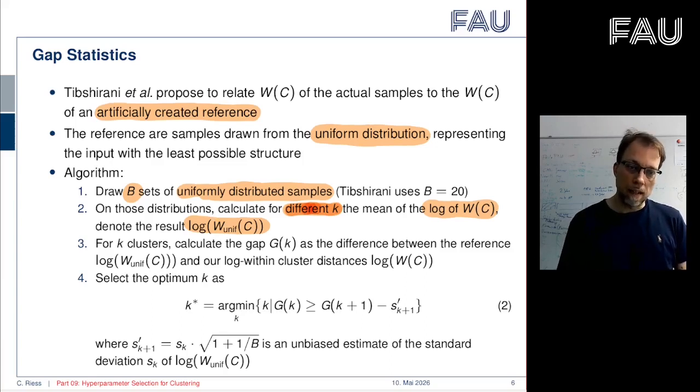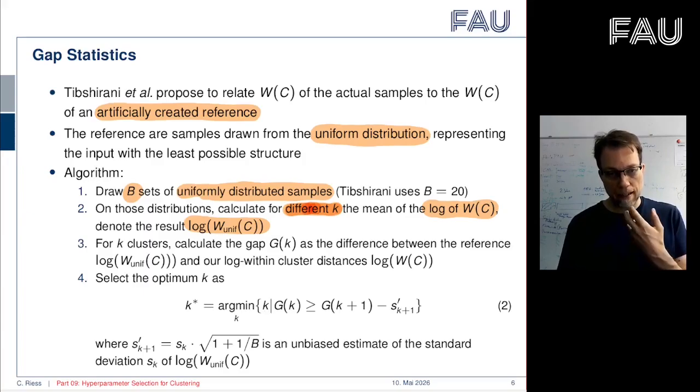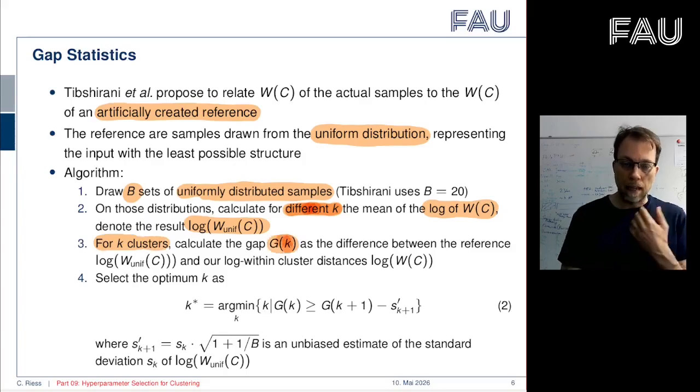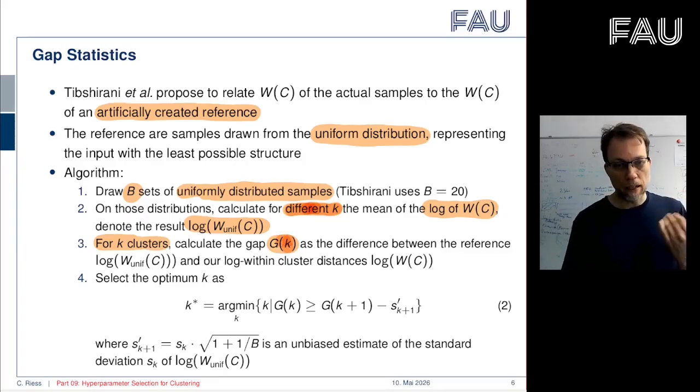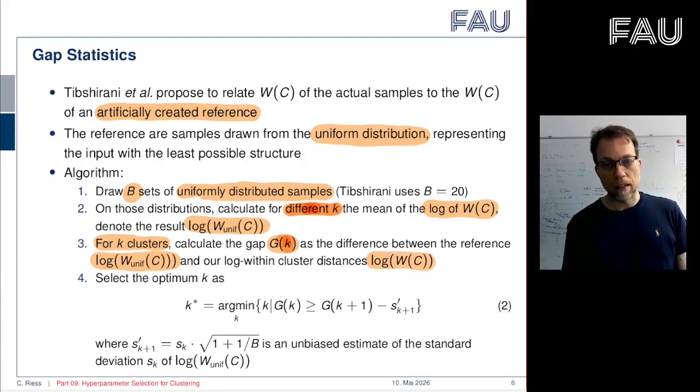Okay, and then let's relate this to the within cluster distance for k clusters on our actual data. So for k clusters, calculate the gap g of k, and this gap shall be the difference between the reference log of the within cluster distance on the uniformly distributed data and our log within cluster distances on our data.